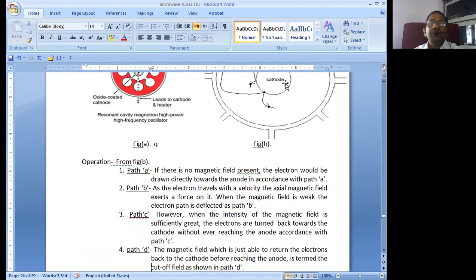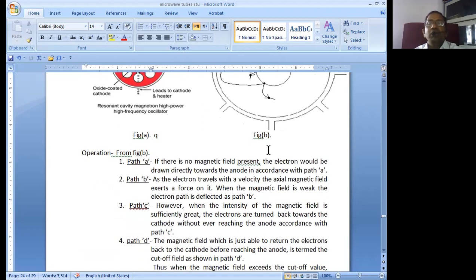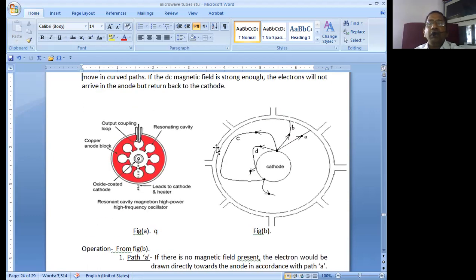All these various parts explain the movement of the electron beam under the influence of the magnetic field. When there is no magnetic field, the electron beam is moving straight. When there is a little magnetic field, the electron beam is taking a curvilinear path. When the magnetic field is somewhat increased, the electron beam traverses the interaction space by taking various curves.